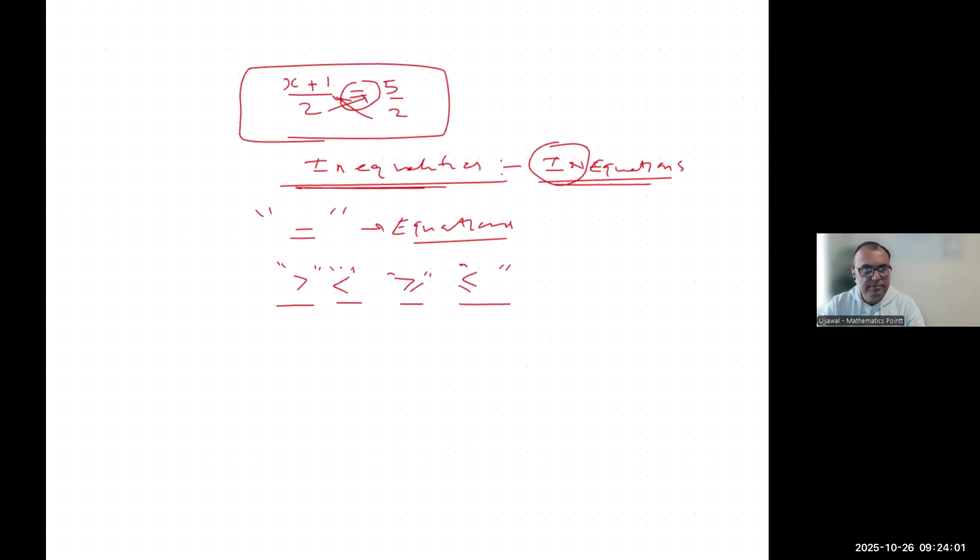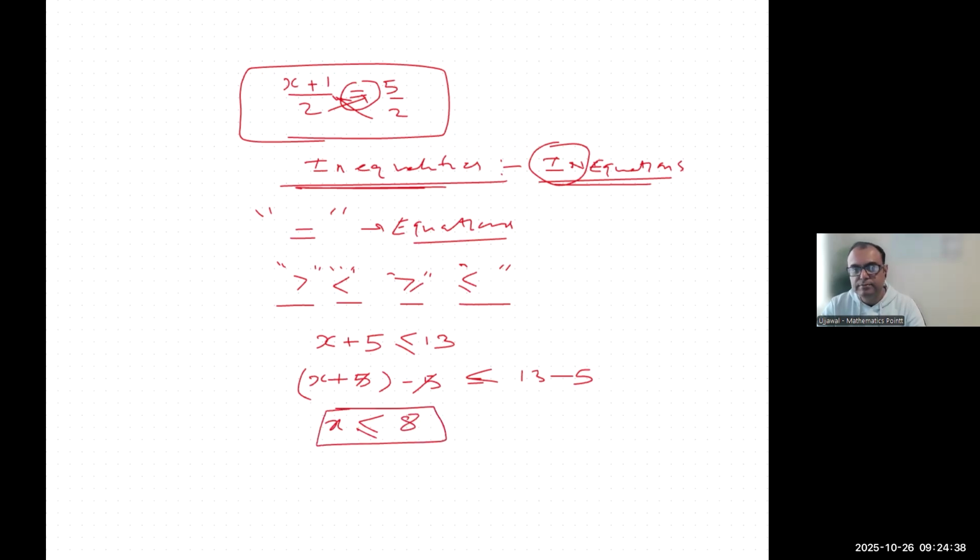So, for example, if I have x plus 5, rather than an equal to, I say less than or equal to 13, then I will just take away 5 on both the sides, the way we have done for the equalities, and then 5 is gone. x is less than or equal to 13 take away 5, which is 8. No change at all. Absolutely no change.